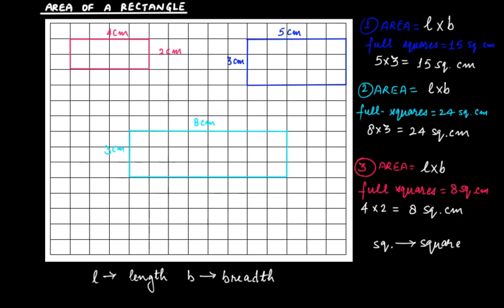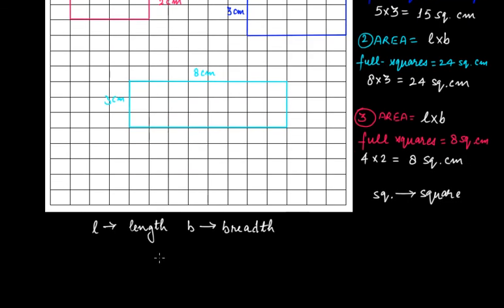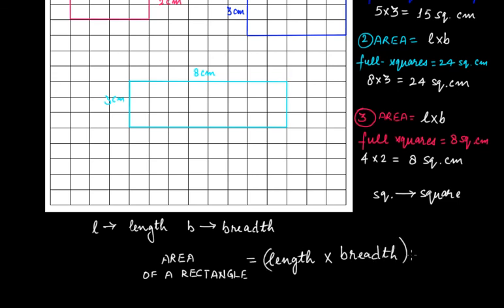Therefore, what's the formula? The area of a rectangle will be equal to length times breadth, in square units. The unit can be centimeter, millimeter, meter, whatever.